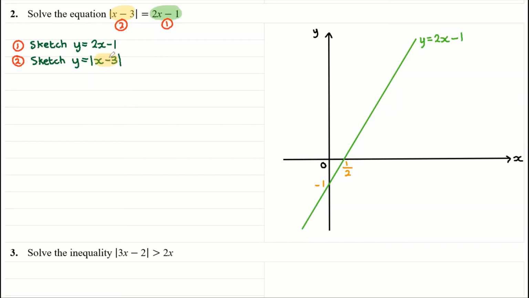So let's have a look at that. Well, we've got a y-intercept at -3, and it's not a particularly steep gradient. It's a gradient of 1, isn't it? So I can't have it as steep as what I've got here with 2x subtract 1. So I'll do this one in pink. So at the moment, the graph of, in fact, no, I'll do this in light blue.